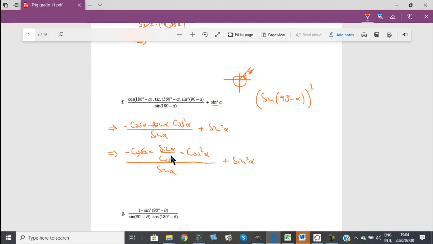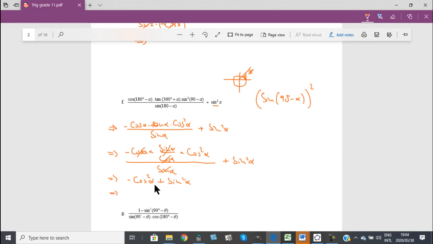So cos stays cos, and this sine stays sine. So in the end, you have minus cos squared alpha plus sine squared alpha.